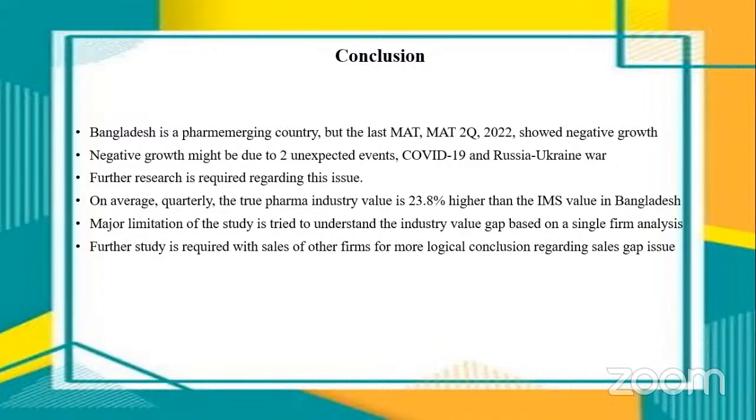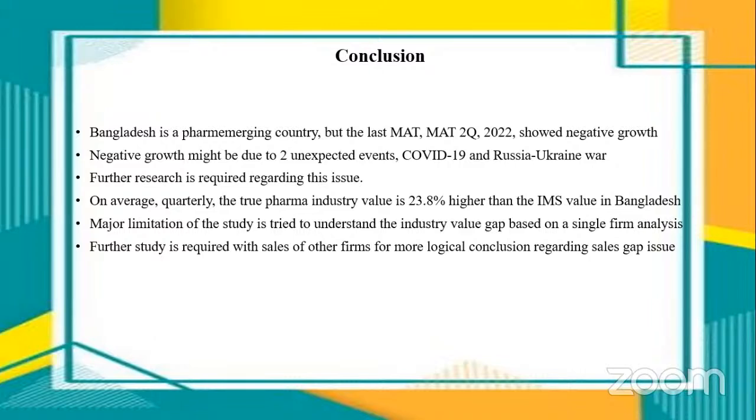But the question is, the actual sales value of a company is very tough to gather, because there are a lot of hidden issues, tax issues, and government regulation issues. Due to these regulatory issues, actual sales value is very tough to obtain, and it is just impossible to obtain the whole industrial actual value. So we have to rely on the IMS data value.